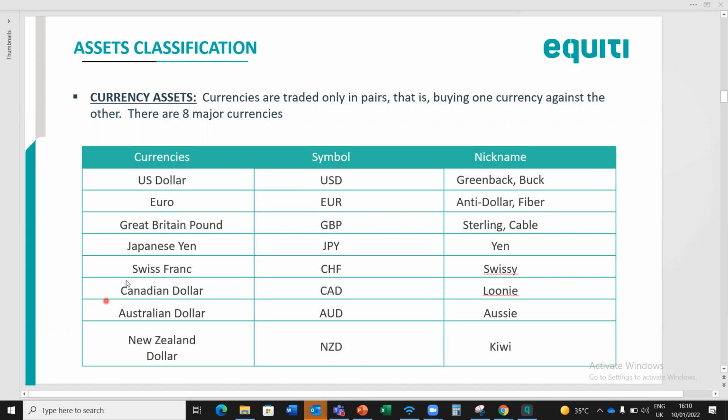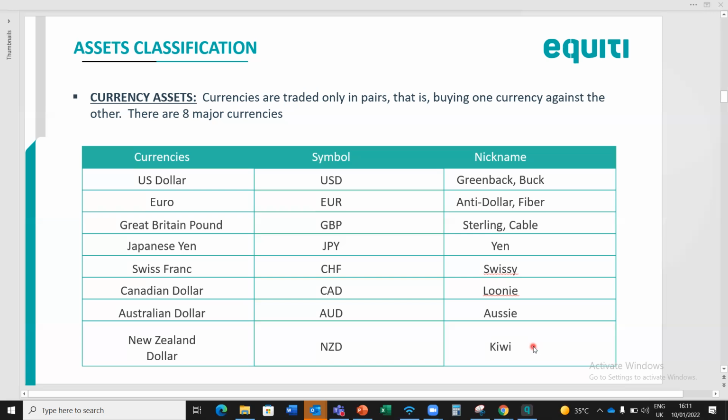Then we have the Japanese yen, the JPY, which is yen. The Swiss franc, which is CHF, the nickname is Swissy. Then we have the Canadian dollar CAD, which is Loonie. We have the Australian dollar AUD, which is Aussie. We have the New Zealand dollar NZD, which is considered Kiwi.